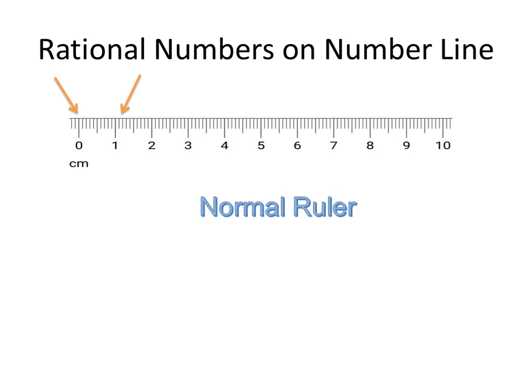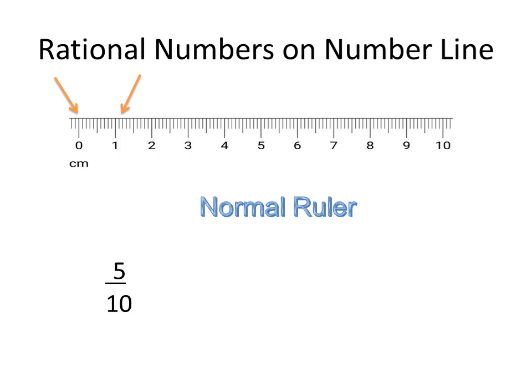Now let's take an example. 5 by 10. Why have I taken 5 by 10 as an example? Because between 0 and 1 we have 10 divisions. So this number line can be used to plot points whose denominators are 10.